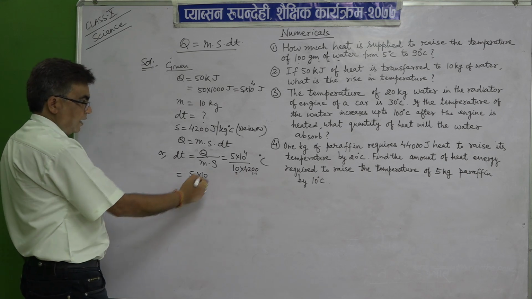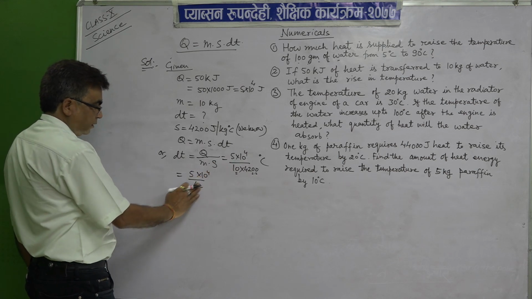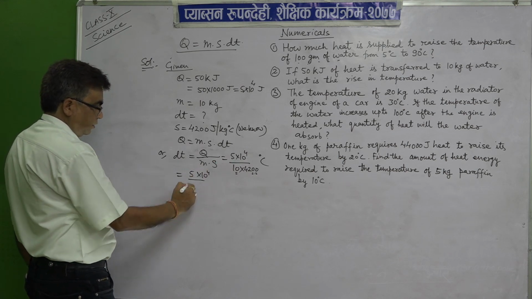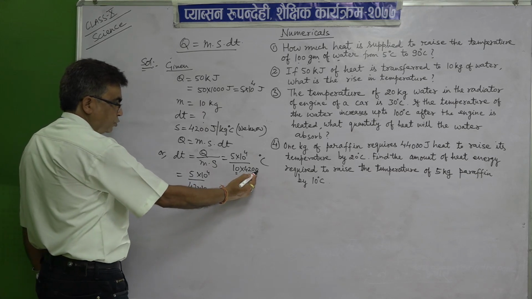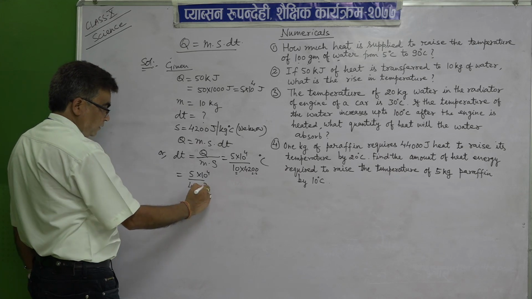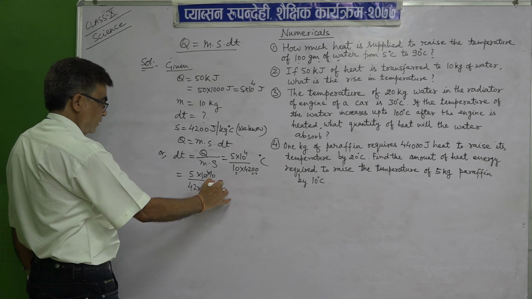Suppose I am showing you 5 into 10 to the power 4, and this is 42 into 10 to the power 2, and this 10 to the power 3. So, it cancels out, 1 ten remains here.